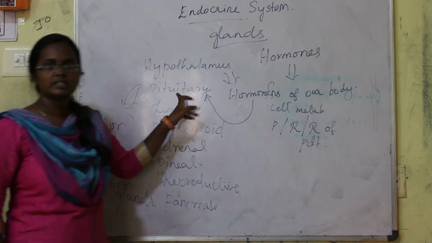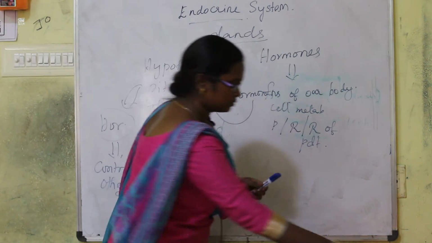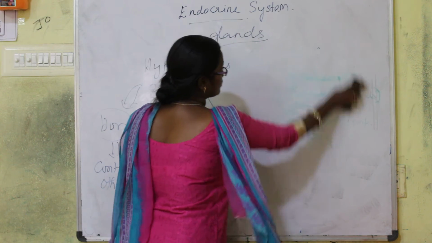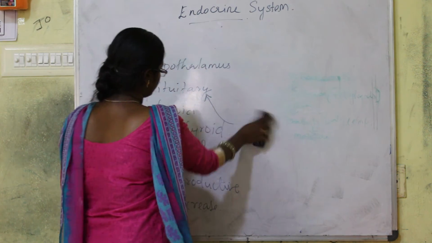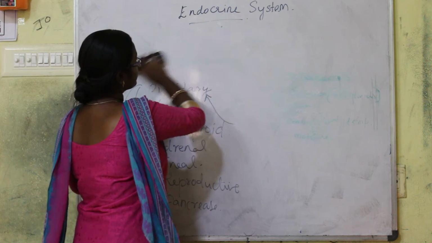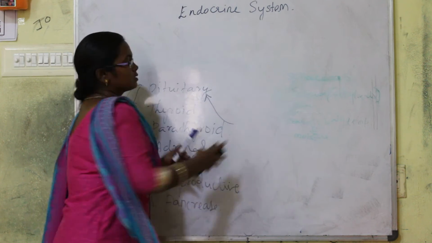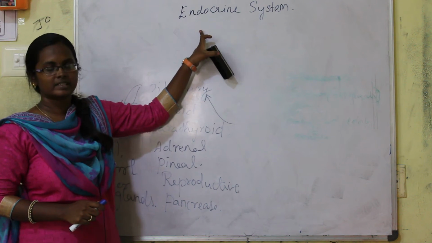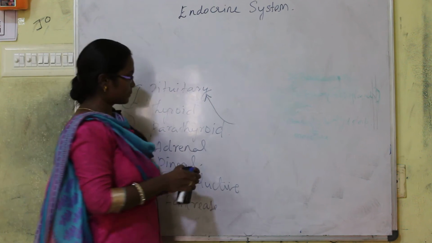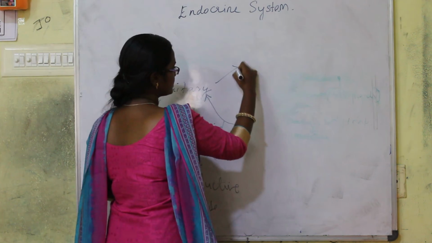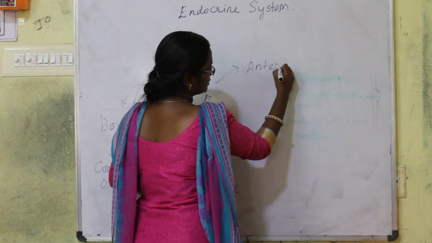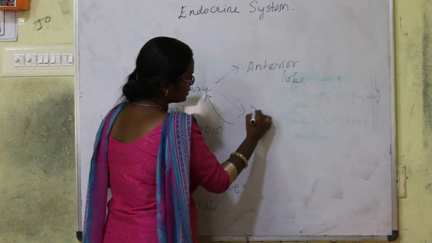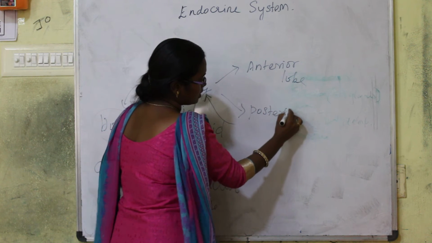Next one is pituitary gland. The pituitary gland is the most important gland in the endocrine system. It has 2 subsystems. First one is the anterior lobe, second one is the posterior lobe.